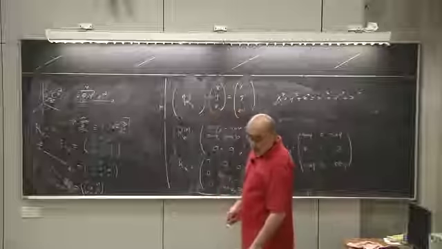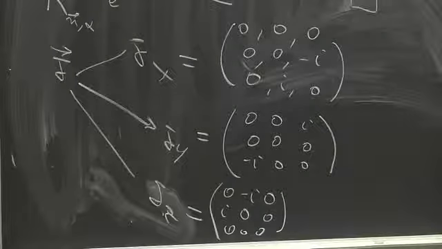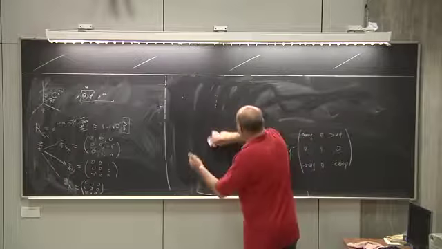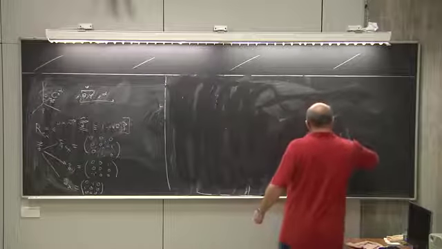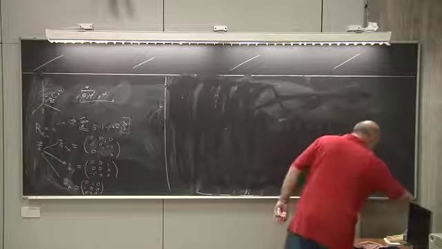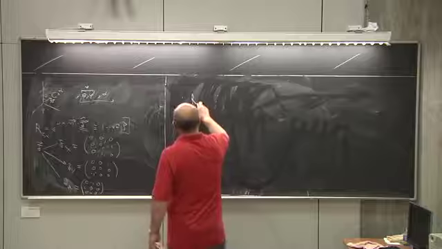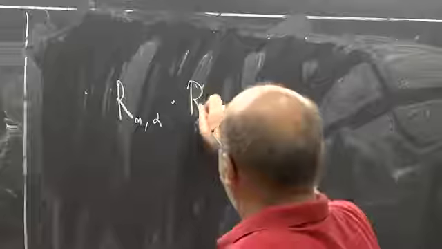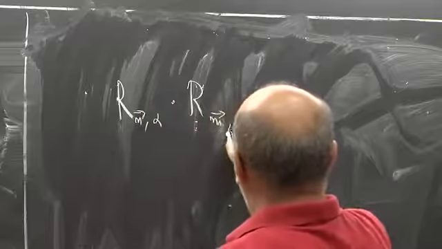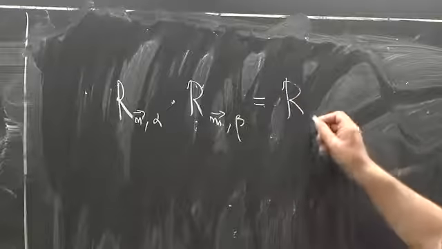These generators are very important because you can ask me, now, if I do a rotation along n by an angle alpha, and then I do another rotation, I told you that it's a group structure, so the next question is, if I have a rotation along n of an angle alpha times a rotation along m by an angle beta, this must be a rotation along some direction that I don't know which one.